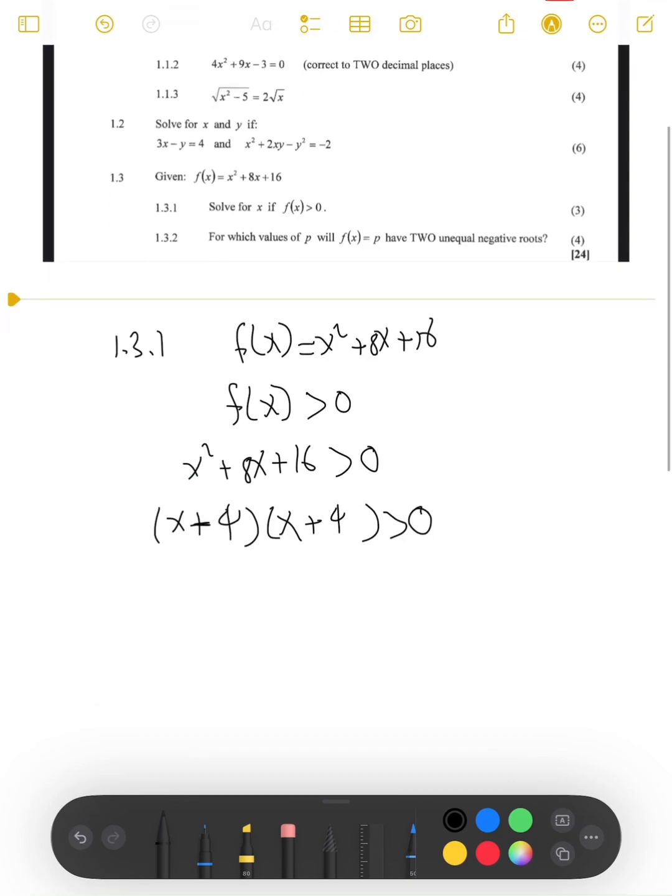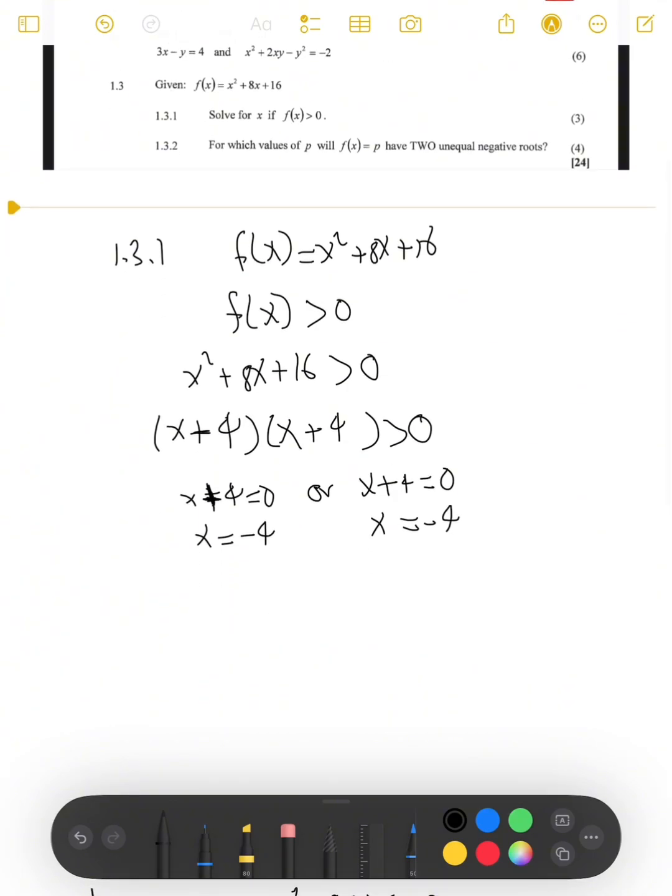From this we can say x plus 4 equals 0, or x plus 4 equals 0. We therefore get x equals negative 4 or x equals negative 4. So basically this right here is the same root value.